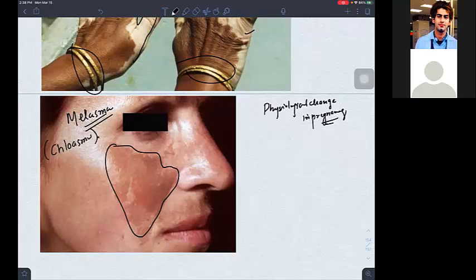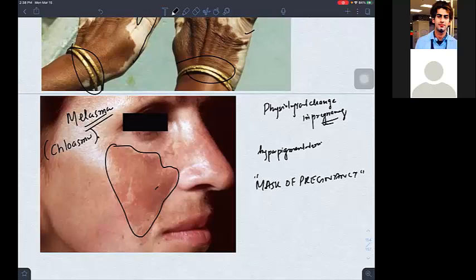What is happening is this is a hyperpigmentation. This is also called mask of pregnancy.